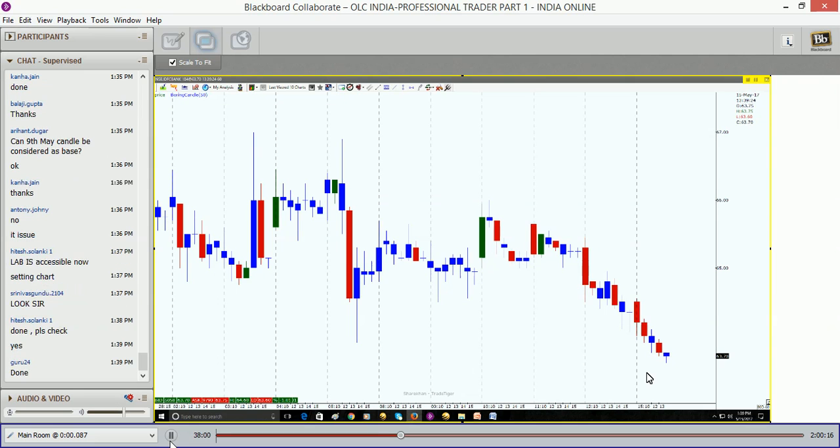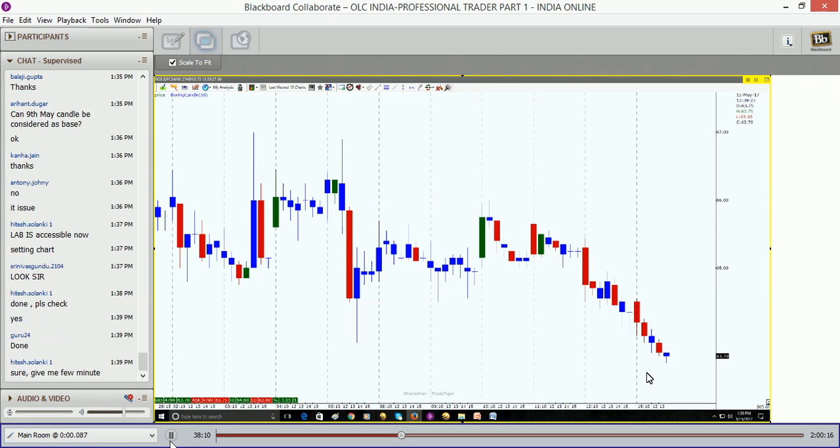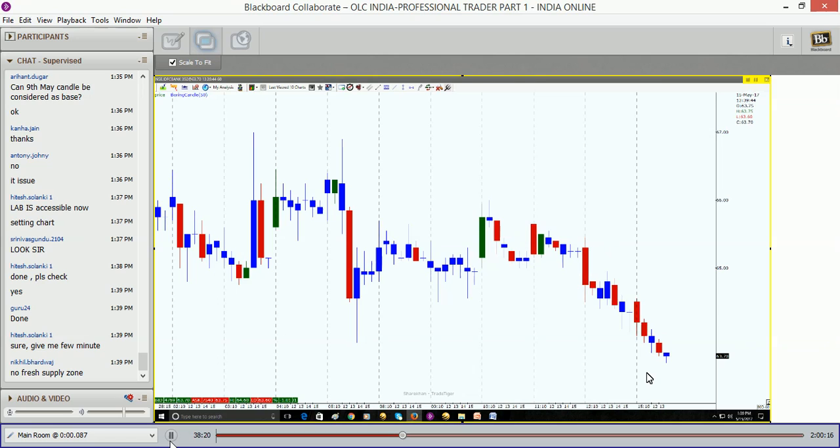So whatever we've covered, based on that, where will you mark your zone? For those of you who finished, I want you to mark all the supply zones on the 60-minute time frame with respect to IDFC Bank. Sure, Hitesh, take your time. IDFC Bank. The chart is on my screen.